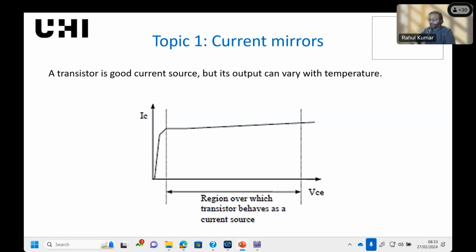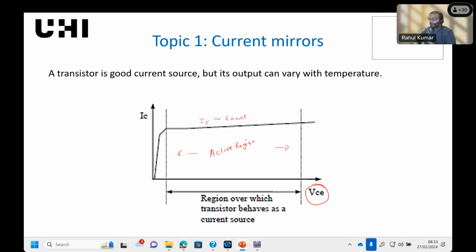This is called the active region. So as long as we are operating the transistor in this active region, the collector current IC will be approximately constant, no matter what is the value of collector to emitter voltage.